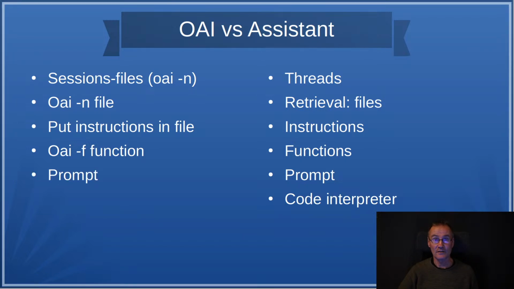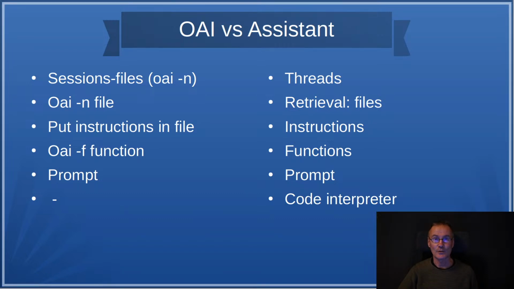On Assistant, you give a prompt, and we do that in OAI as well. And on Assistant, you have access to this code interpreter, which does not exist at all in OAI. Possibly some parts of it could be done as a function, but then you have to write really smart Python code that can write Python code.